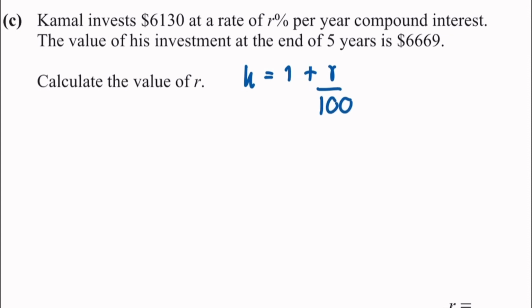His investment at the end of 5 years is 6,669, which equals the initial amount of money, 6,130, multiplied by K to the power 5.